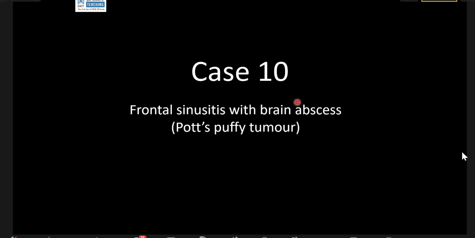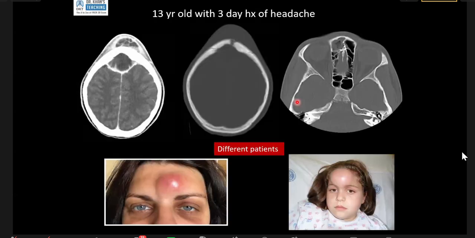These are epidural abscesses, actually. So this is Pott's puffy tumor, this is the picture. All of these are different cases. This is a different case from Google. Usually they say that they occur in children but can occur in adults also.